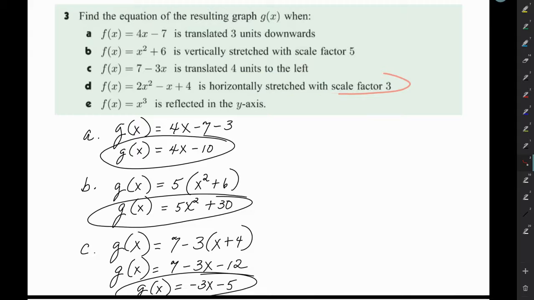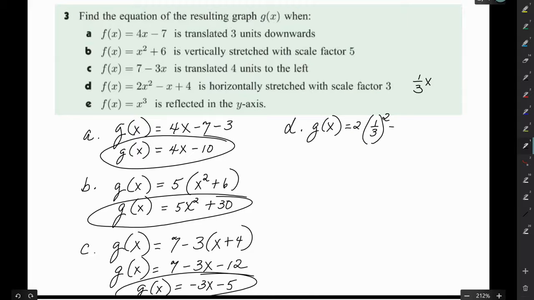And they're telling us our scale factor is 3, which means if we're talking about a horizontal stretch, we're talking about putting the value of 1/3 in front of all our x values. So wherever we have an x, we're replacing it with 1/3 x. And then we just want to clean that up.